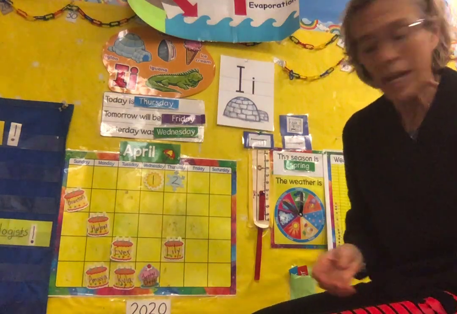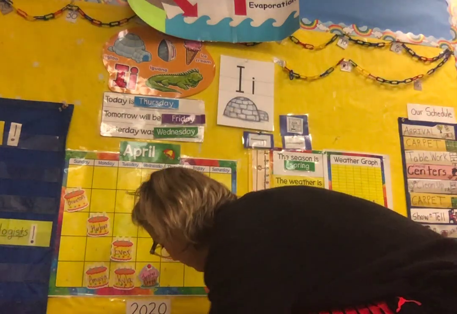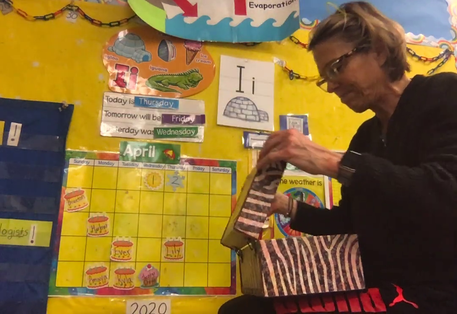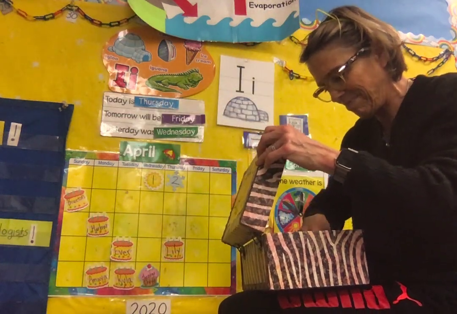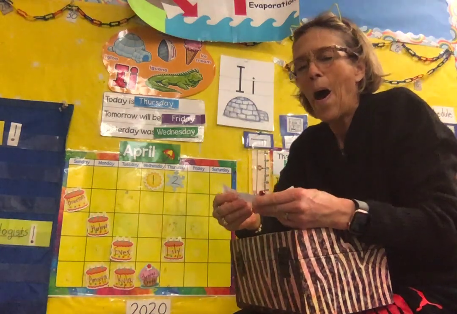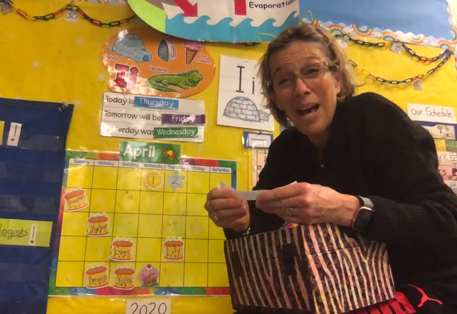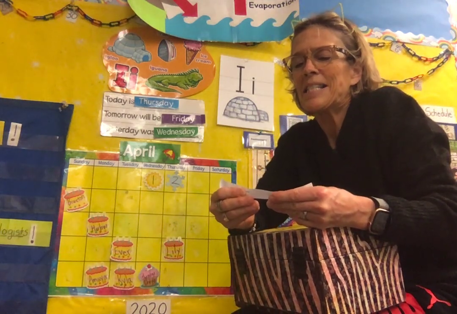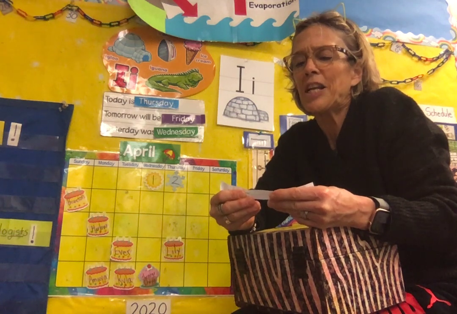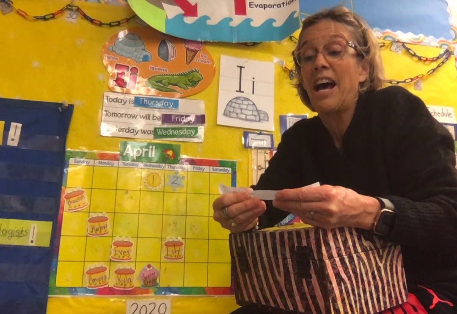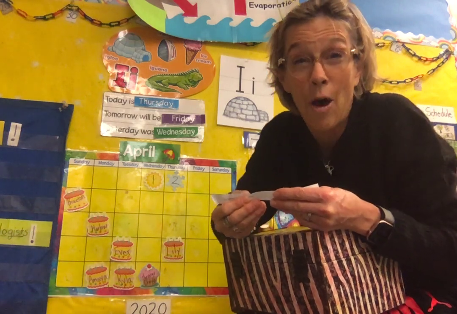Okay, so we have a question. Question for the day. Okay, this was from our story on Monday. What shape did little Cloud turn into when he went on the head of the clown?